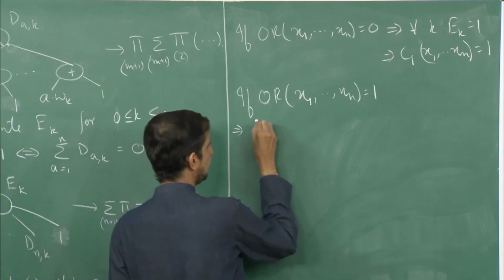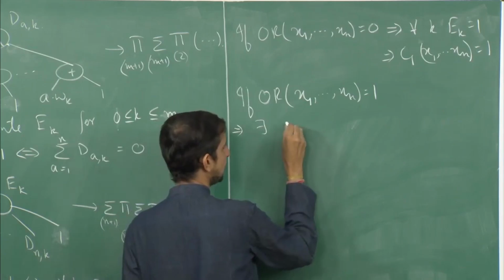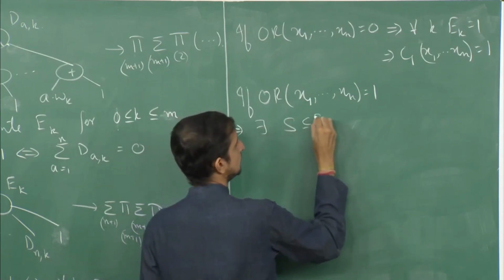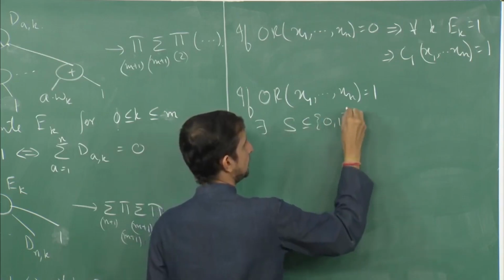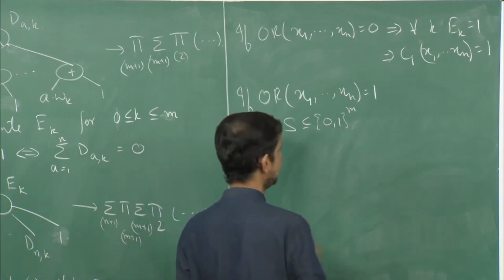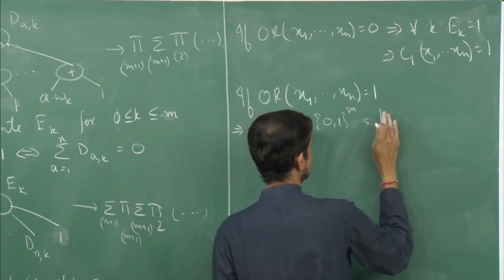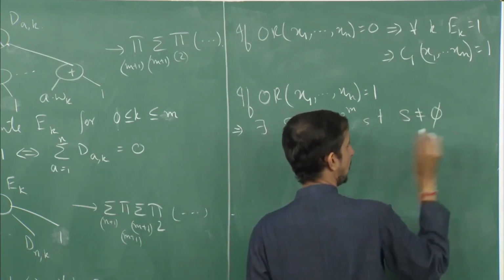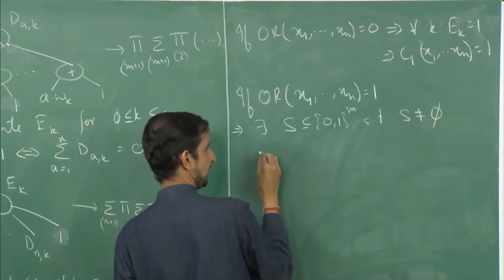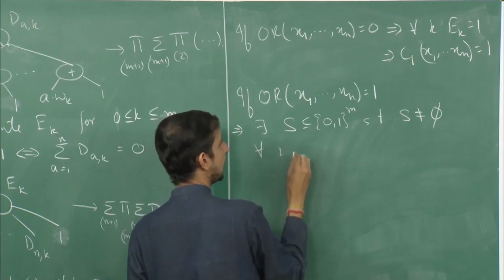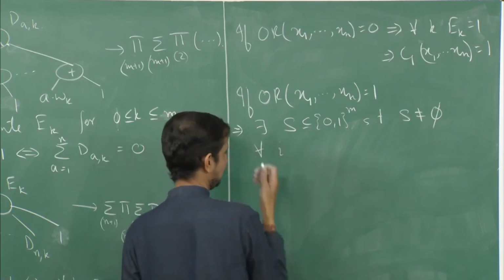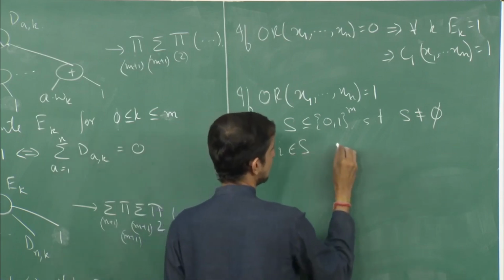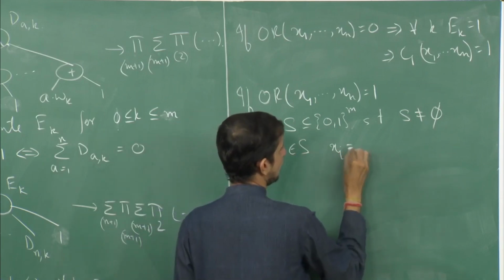We have that there exists S, a subset of 0 1 to the power m, such that S is not empty first of all, and for all I in S, xi is 1.